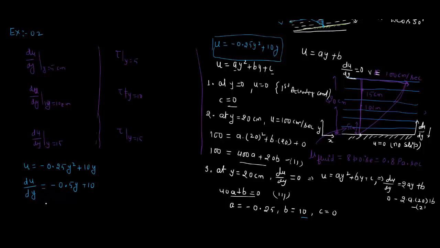Now to calculate du upon dy at any distance y from the solid surface, we can substitute the value of y. At 5 cm, the value of du upon dy is 7.5 per second. This is meter per second over meter, so per second.